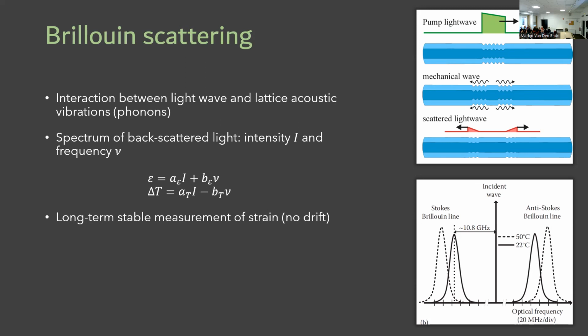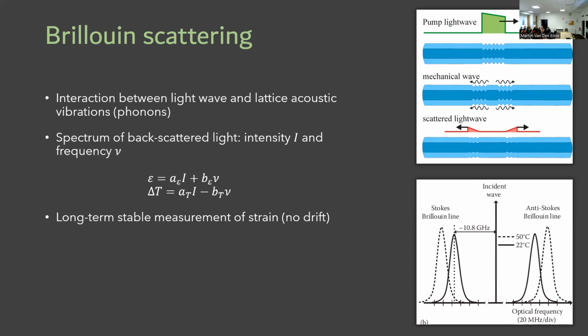And so what you can then do is measure the spectrum of light coming back in the Brillouin range. This gives you basically a symmetric peak for the Stokes and anti-Stokes components. And the position and also the intensity of this peak are controlled by the temperature of the lattice, but also the strain in the lattice.